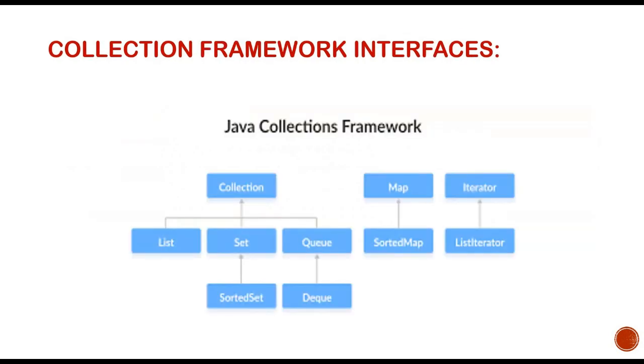Collection framework interface. Java collection framework. Under the collection, we have three main interfaces: list, set, and queue. Under the set, we have sorted set. Under the queue, we have deque.